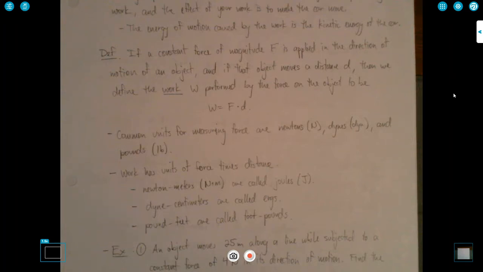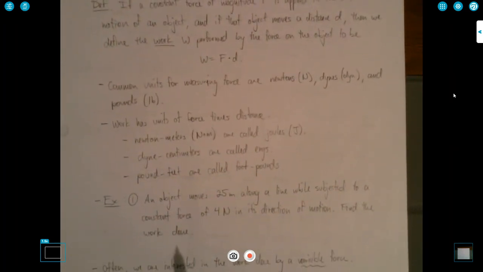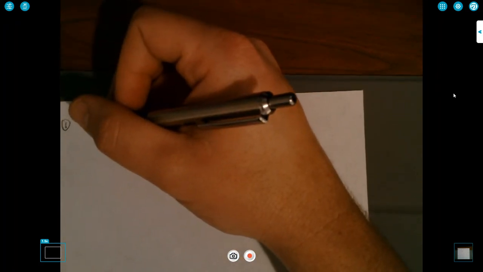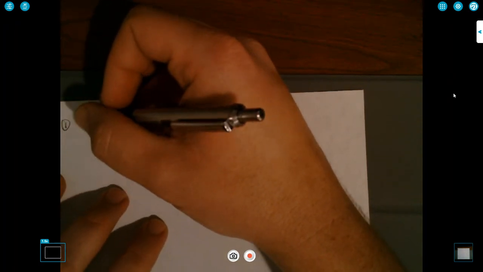Okay, so just to give you a simple example of this, let's say an object moves 25 meters along a line while subjected to a constant force of 4 newtons in its direction of motion. Find the work done. So an object moves 25 meters.